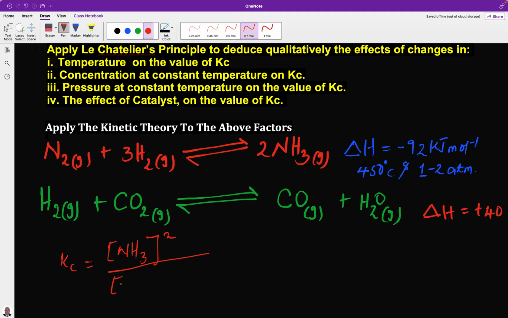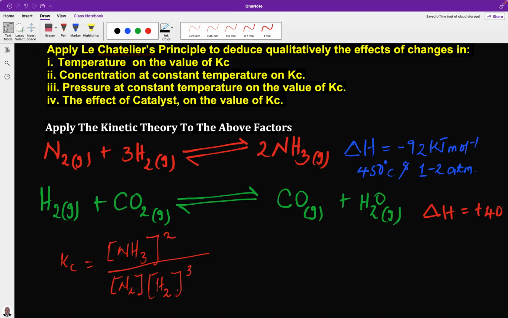It will be nitrogen raised to the power 1 times hydrogen raised to the power 3. This is the Kc for ammonia.